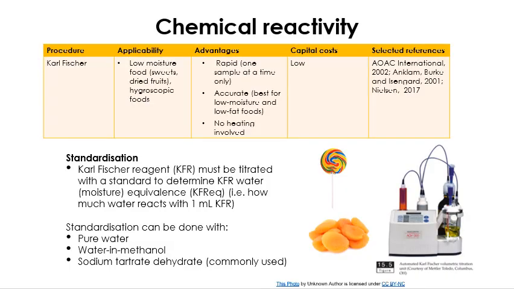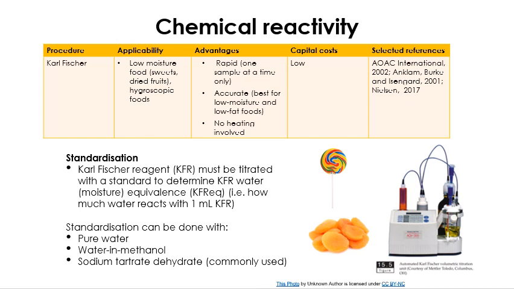The second type of method that we can use to analyze moisture is by chemical reactivity. There is one method that is also an official method to analyze moisture, which is Karl Fischer.